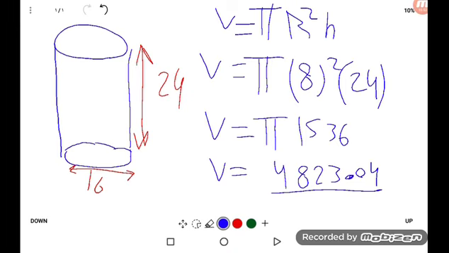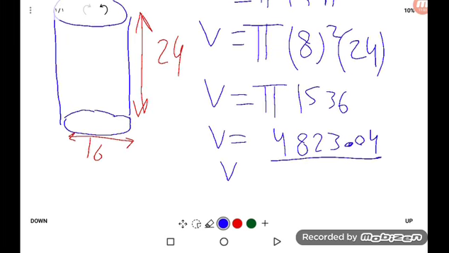So 4823.04 divided by 134. So the answer is equal approximately 36. So this is the final answer.